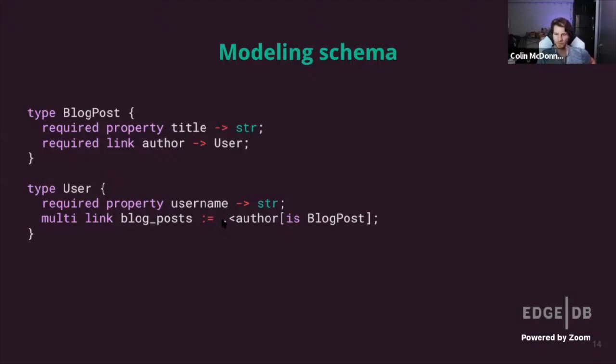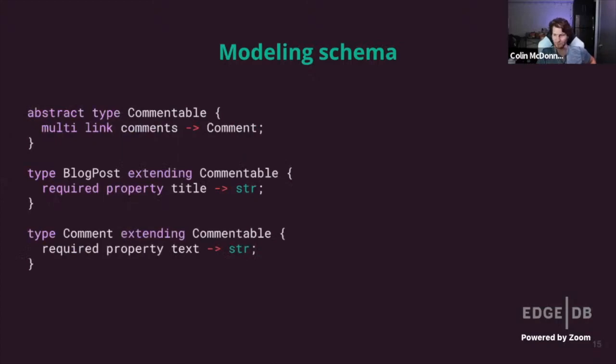We're using that expression and assigning it to this computed blog posts link. We're just using the primitive concepts that EdgeQL gives us and using them in our schema to do things that are complex or useful, such as the ability to traverse these links in the reverse direction.